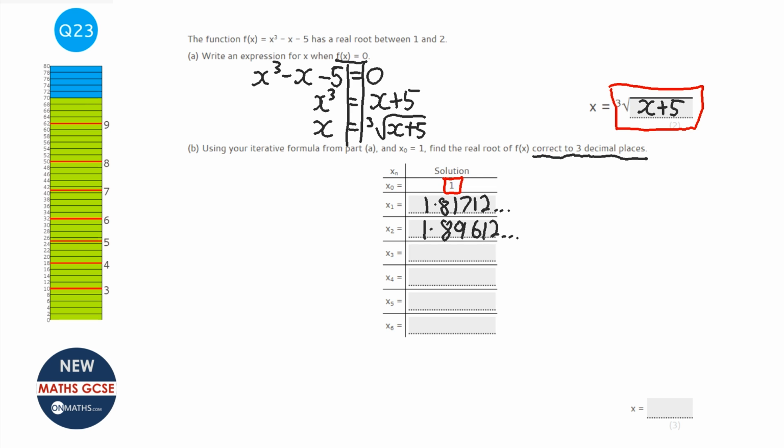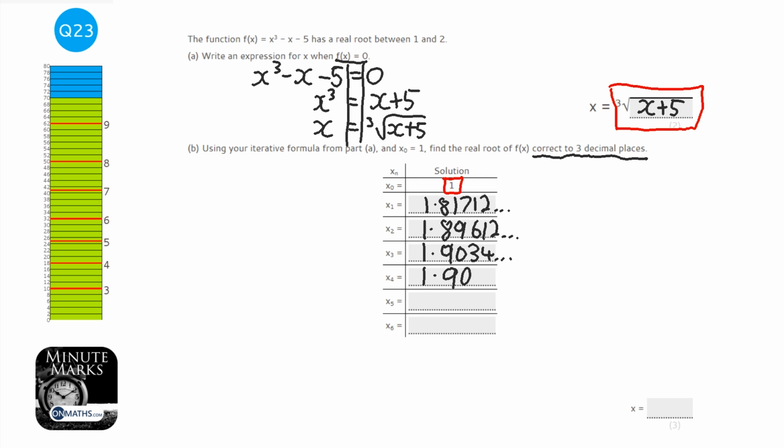1.89612, blah, blah, blah. So I'm going to do the same again: the cube root button, answer plus 5. And we've got 1.9034, blah, blah, blah. Cube root button, answer plus 5, and we've got 1.9040, blah, blah, blah.